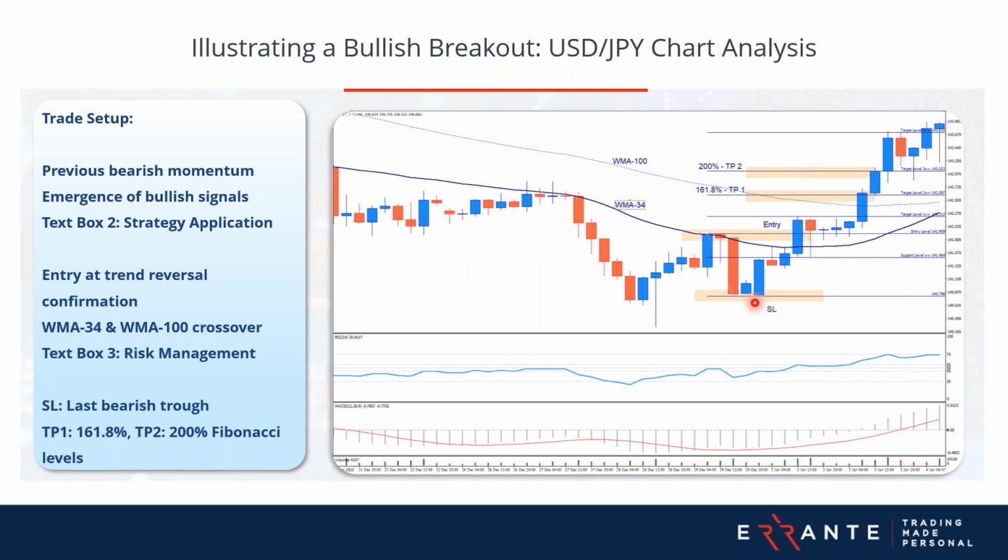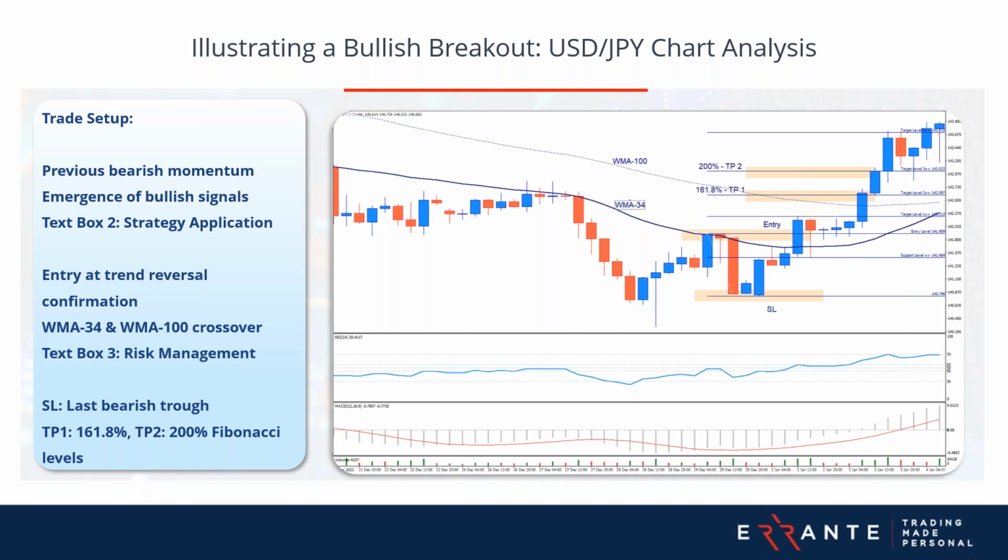So for realizing profits, two take profit levels are established at the 161.8% and 200%, TP1 and TP2. And these are key points where traders may consider exiting the trade to capture gains according to the breakout strategy.